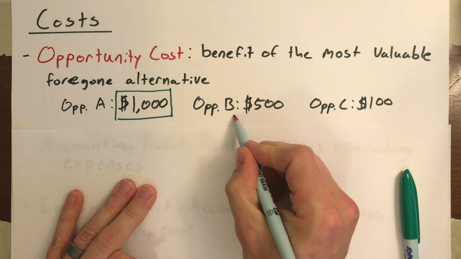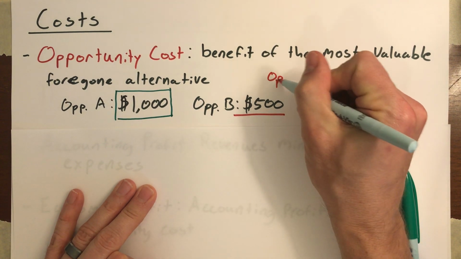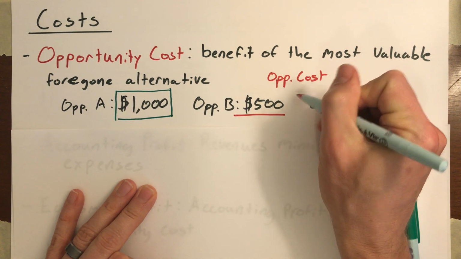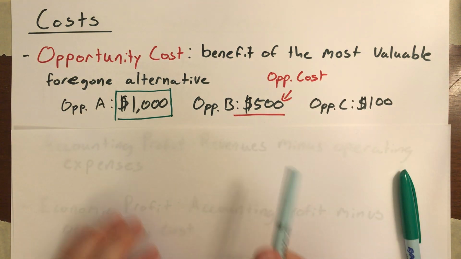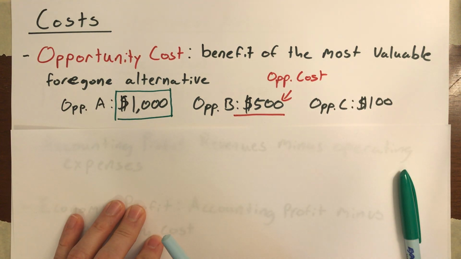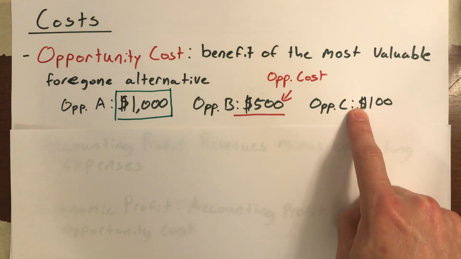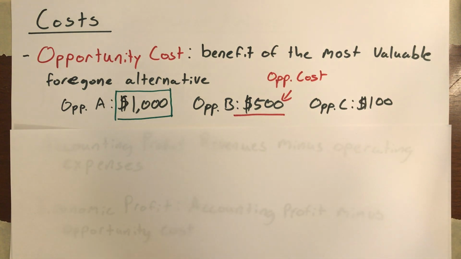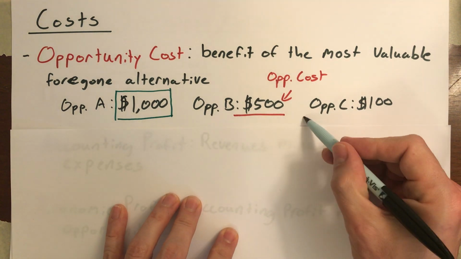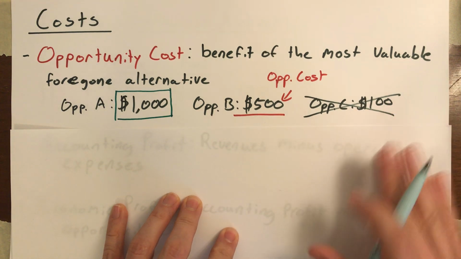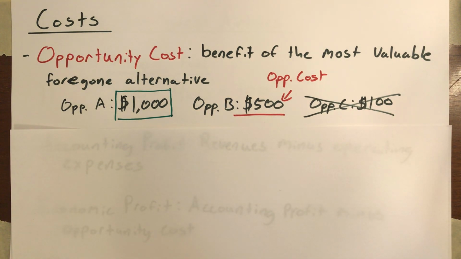So that's going to be this one right here. In this example, the opportunity cost is that $500. Okay? And then opportunity C over here, you didn't follow it, and it's not your most valuable foregone alternative, and so you just wouldn't consider it when you're thinking about profit maximization. You would ignore opportunity C.